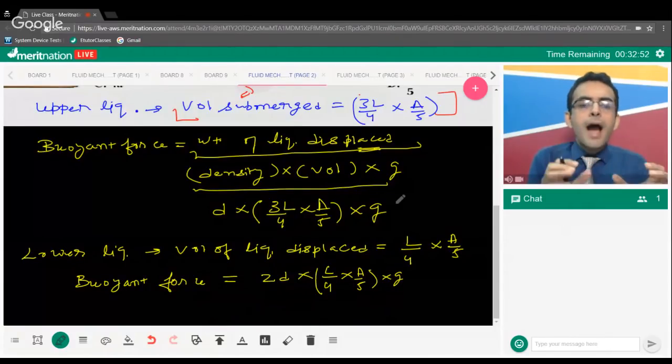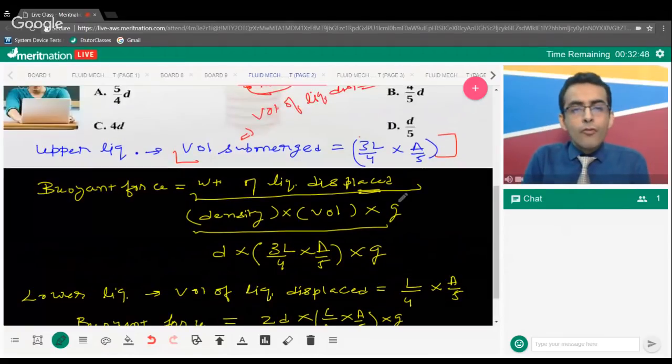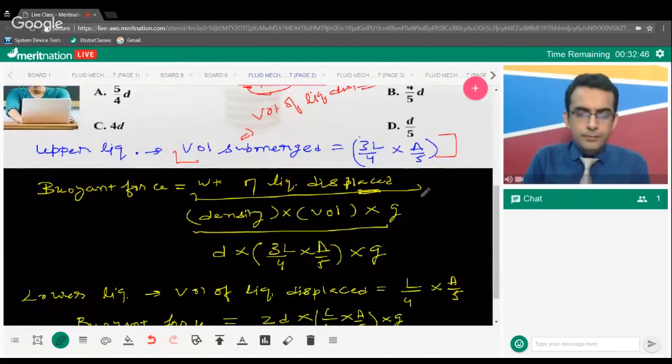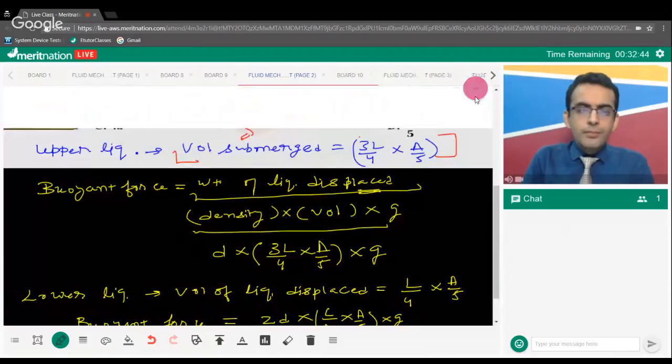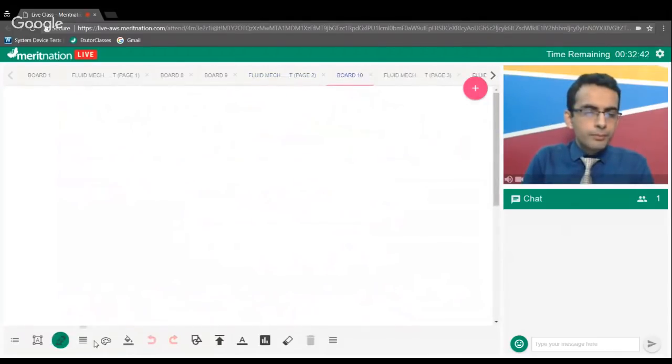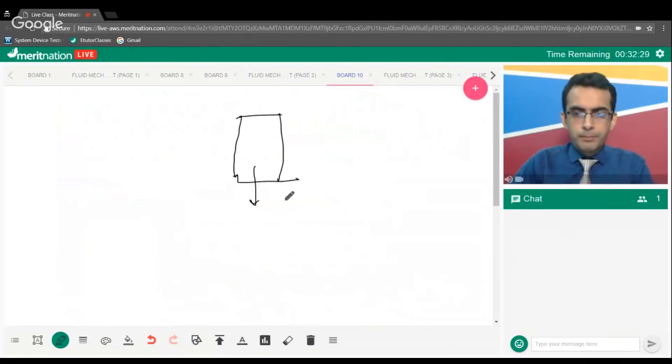So these two buoyant forces are balancing the weight of the solid cylinder, right? So we can write here, students, what is the weight of the cylinder? You can understand it's equal to m into g.